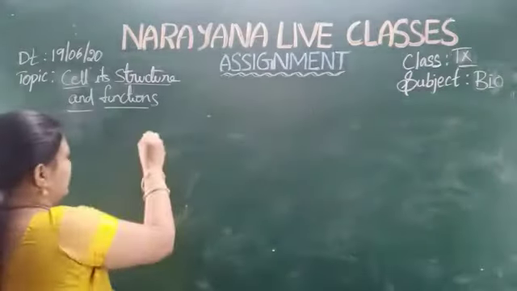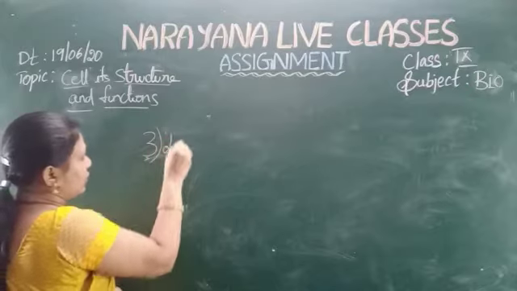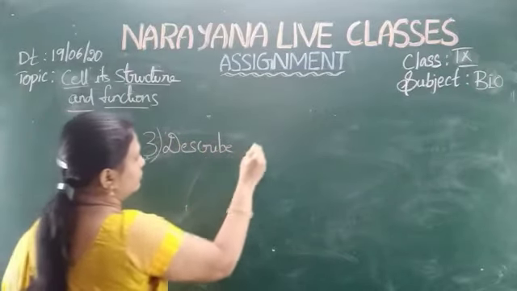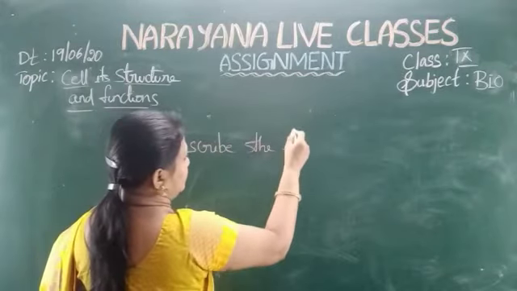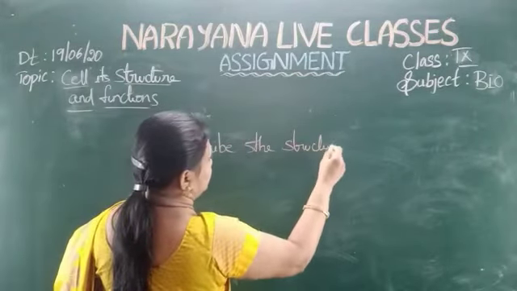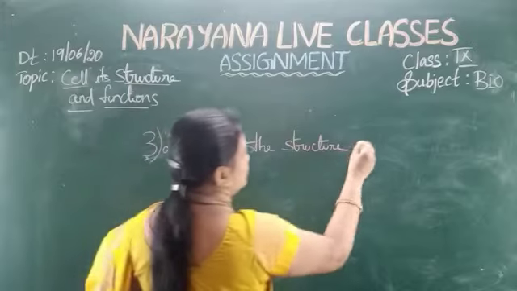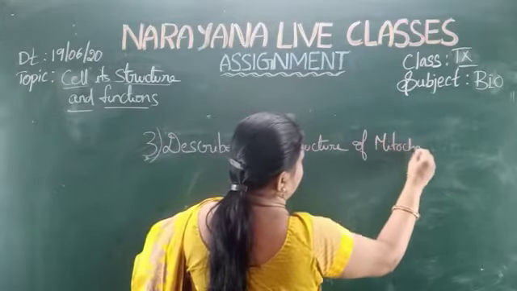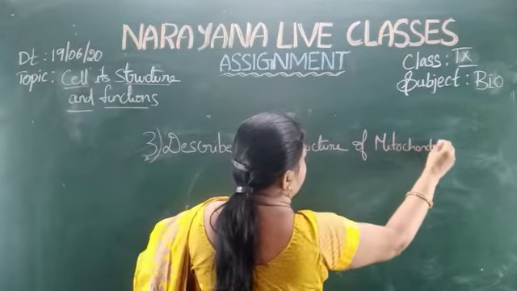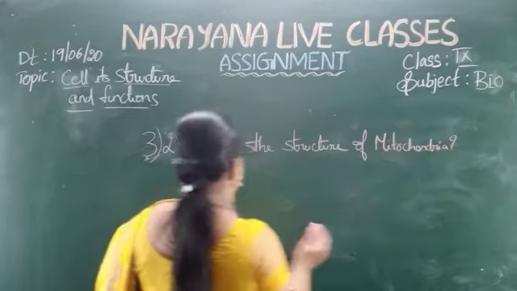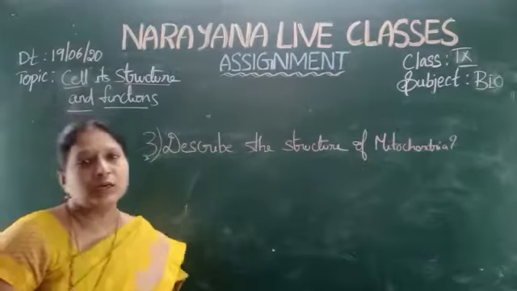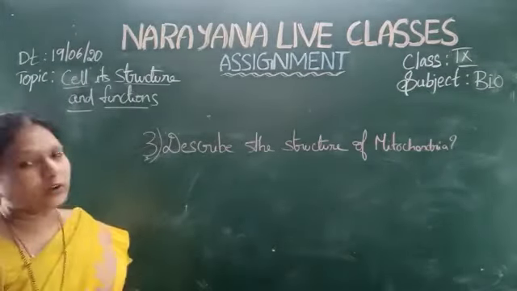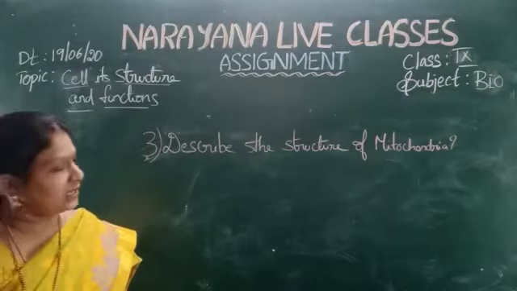Next question: describe the structure of mitochondria. Mitochondria are spherical, cylindrical structures floating in the cytoplasm of the cell.